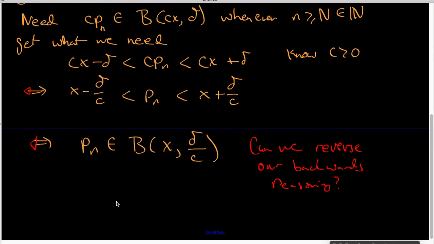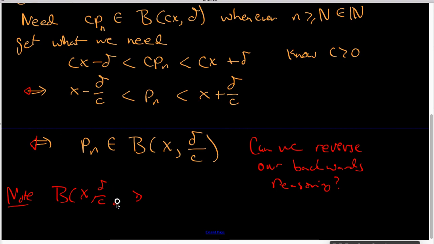And this here is going to be our starting point in case 2. I'm not quite done with the scratch work because I want to say one more thing about this step here. I want to note that this ball is that ball.